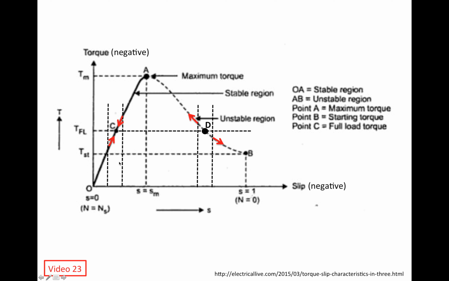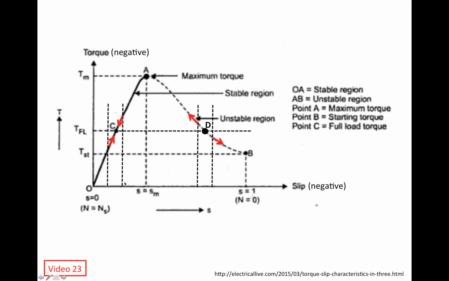So what exactly is the slip? Do we still remember what exactly is the slip? The slip is the synchronous speed minus the rotor speed, divided by the synchronous speed, right? So when the rotor speed is larger than the synchronous speed, the slip is negative, right? And then the induction machine is working in the generator mode, right?